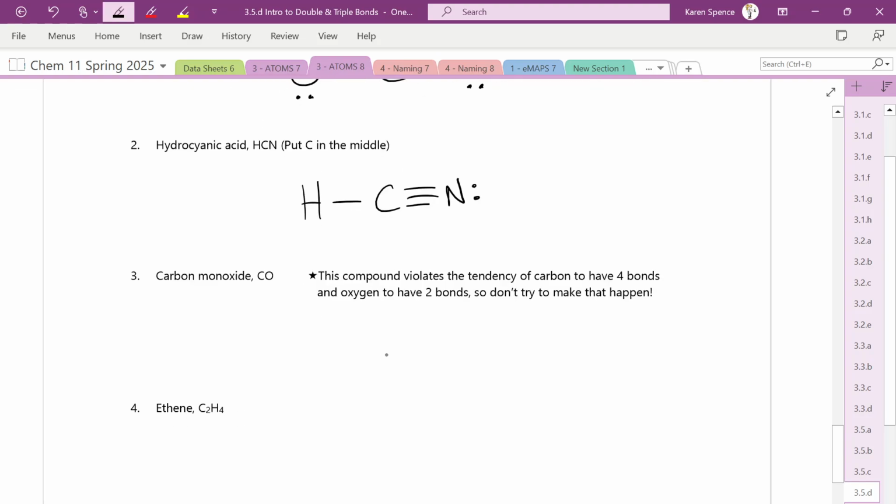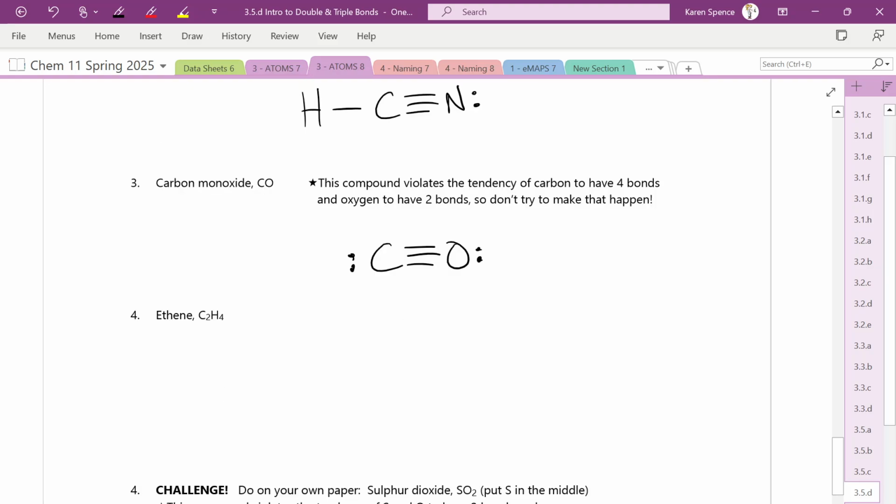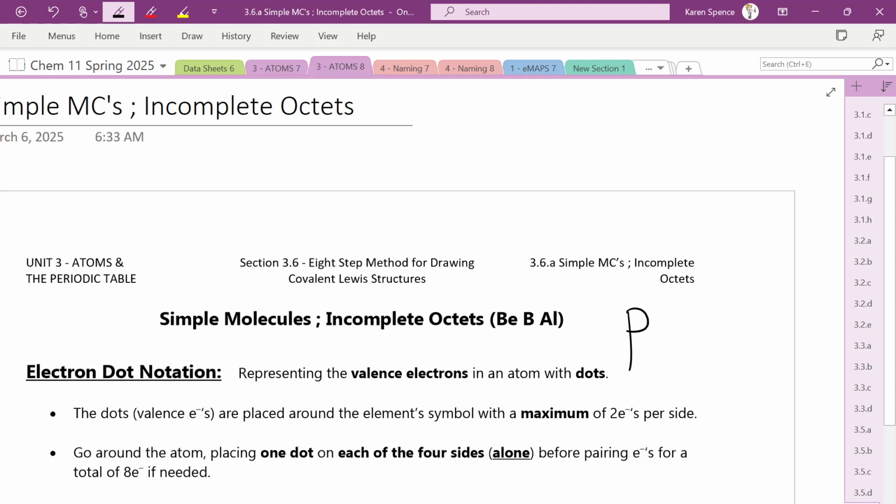Here is carbon monoxide. And here is ethene. If you're interested, those are what they are. Don't worry, we will come back to these later when we learn the method. All right? It's not that long. It sounds long because there are like 8 steps, but in general, you do it very quickly, okay?